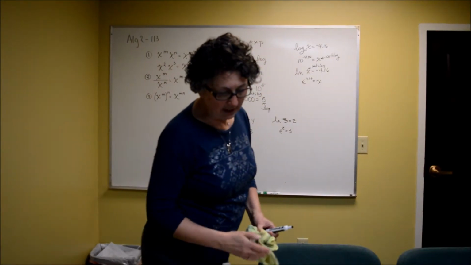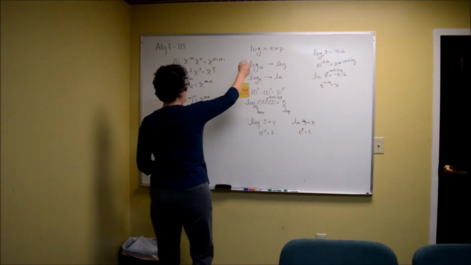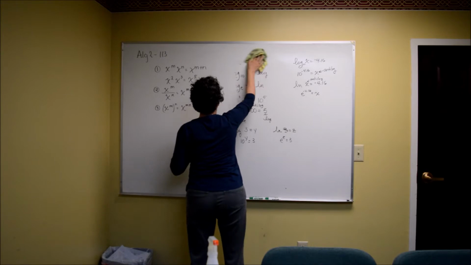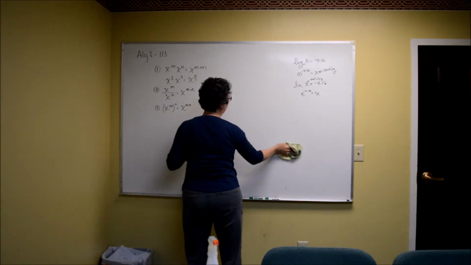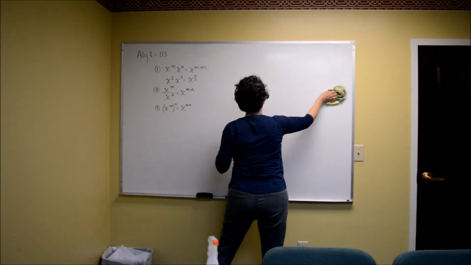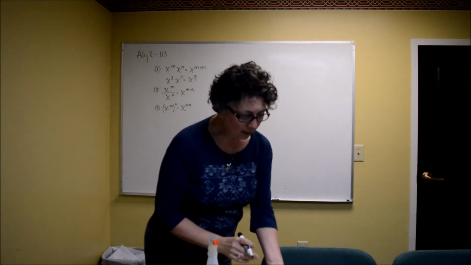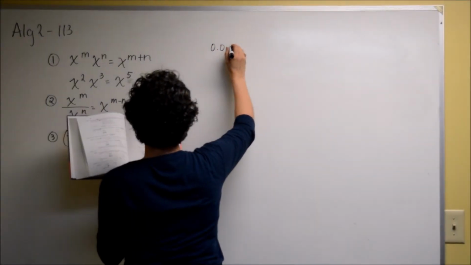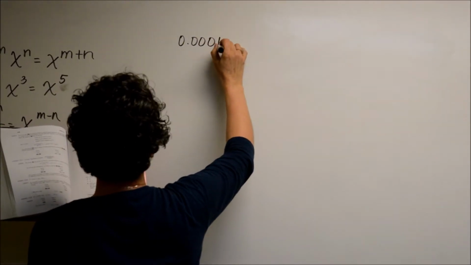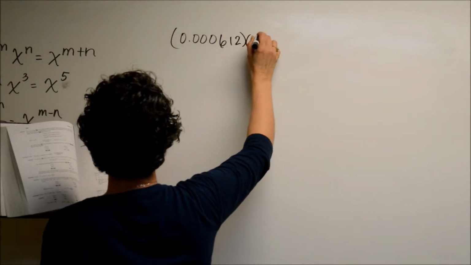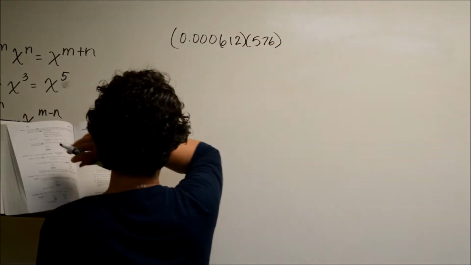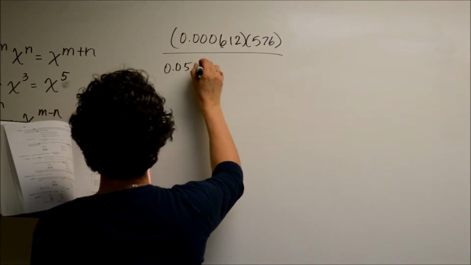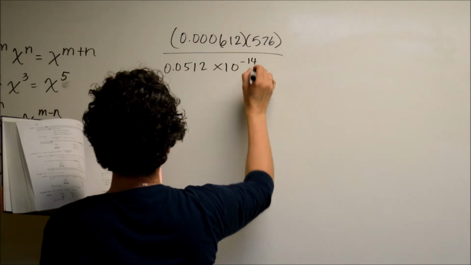Now, one case where this comes in handy is when we are dividing very small and very large numbers. So let me get this practice E on the board. We've got 0.000612, multiplying it by 576, and dividing it by 0.0512 times 10 to the negative 14.